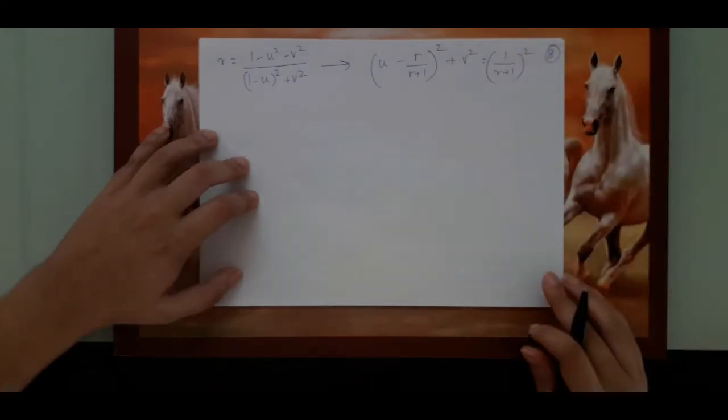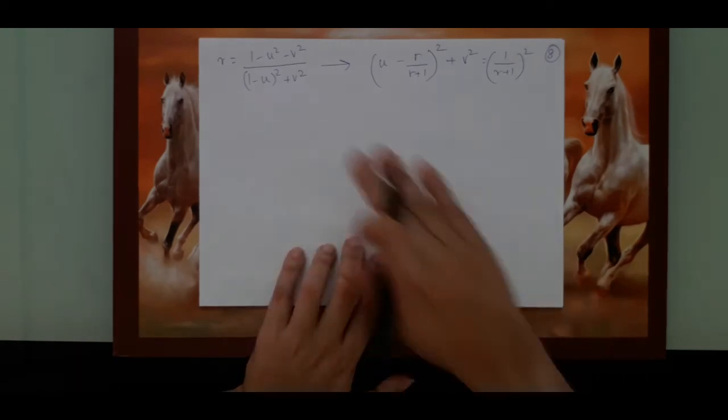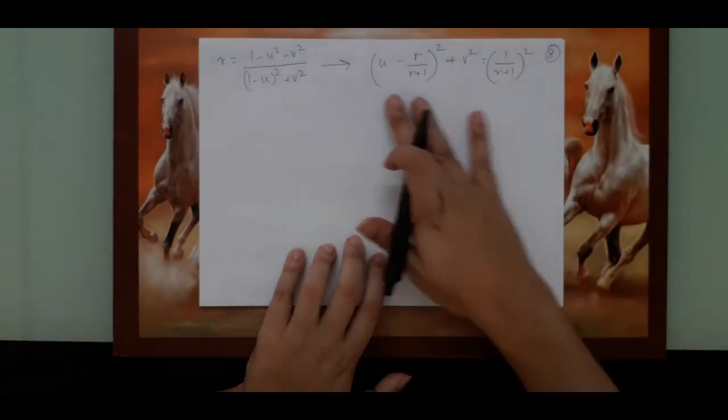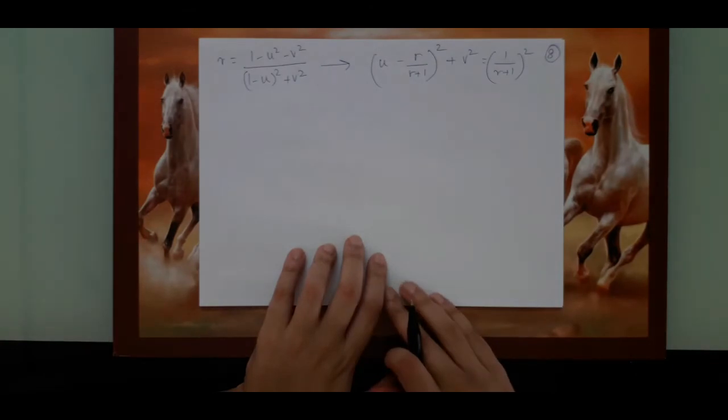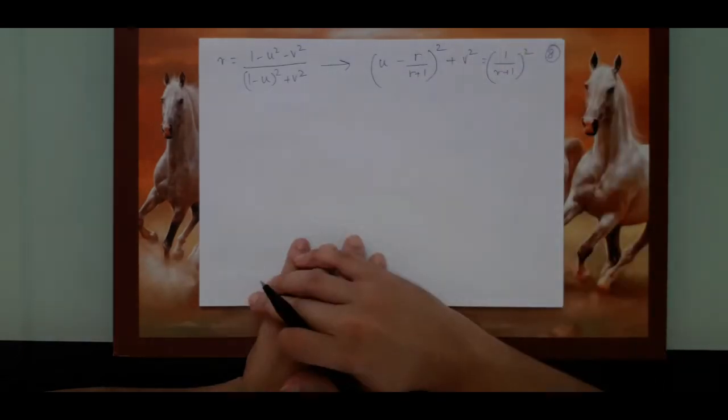So if you just manipulate, this is what you will get. What does this equation signify? This signifies a circle on the gamma plane.